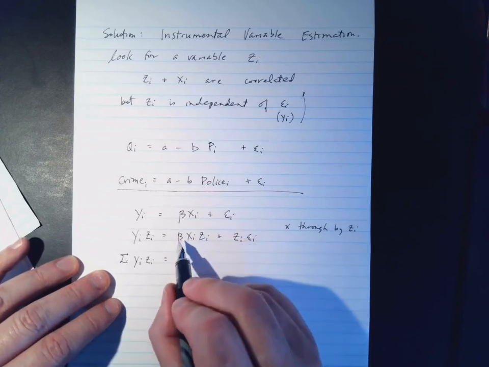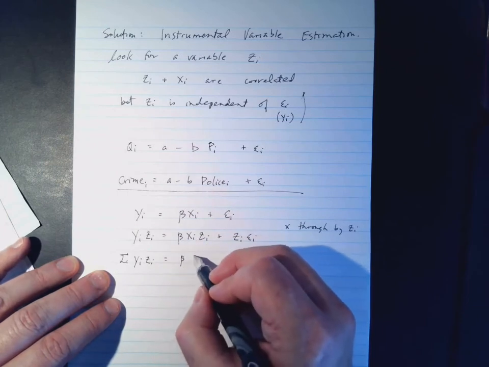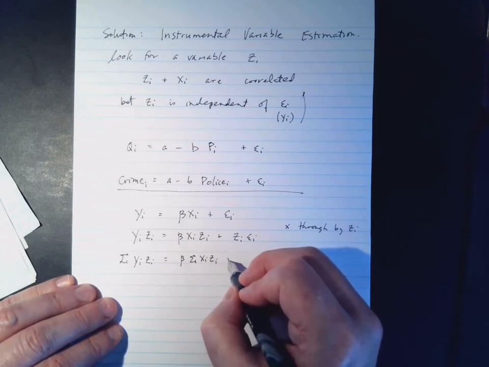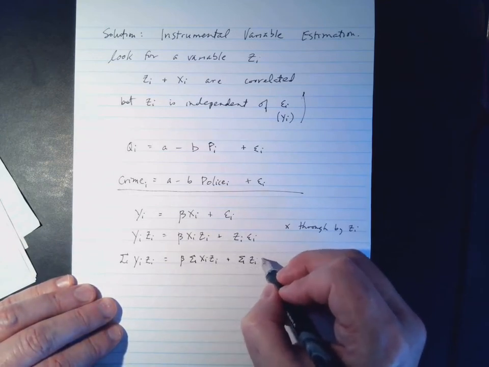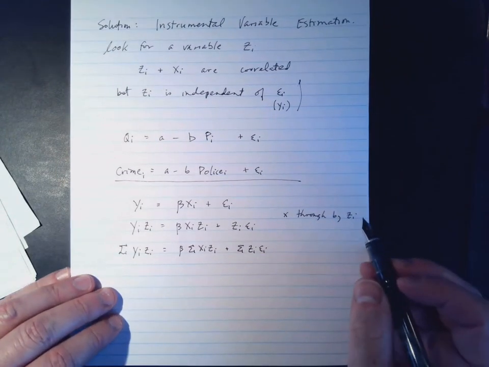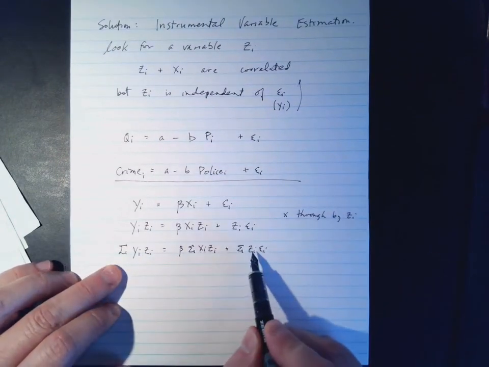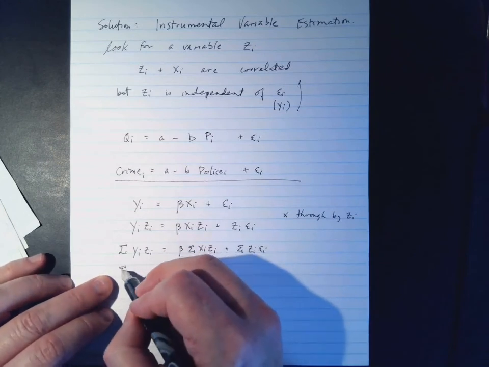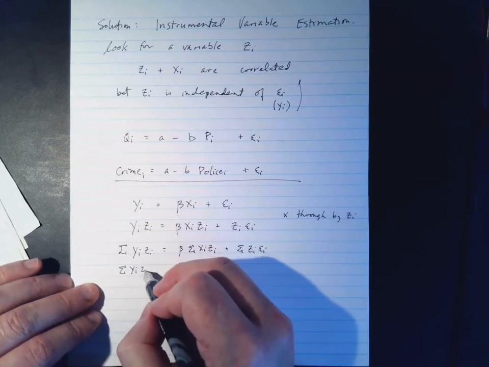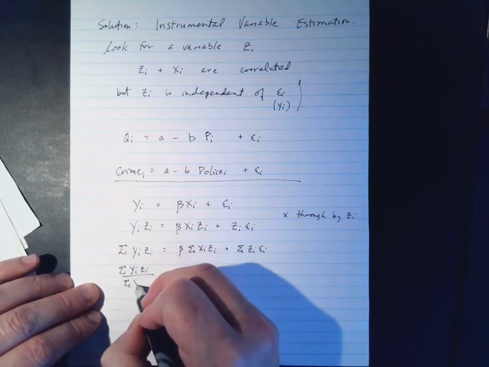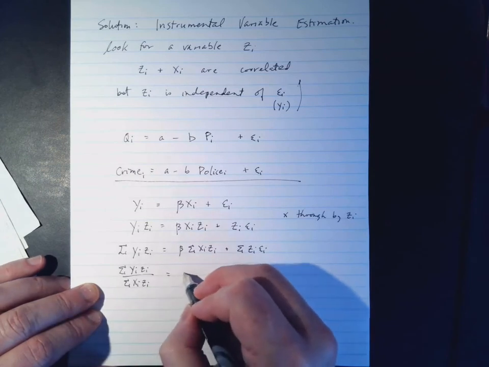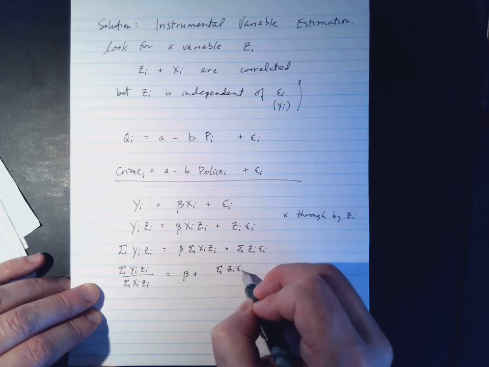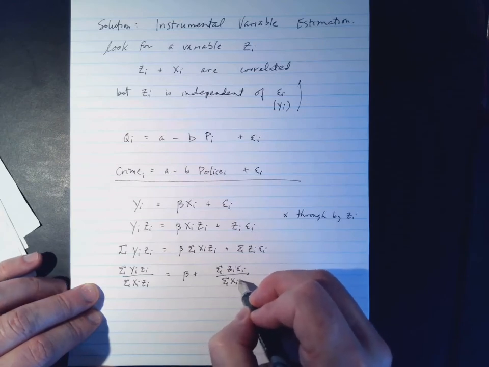And I can bring beta outside the summation. And now I'm going to divide both sides of this equation by the sum of x times z. So I'll have the sum of y_i z_i divided by the sum of x z equals beta plus the sum of z epsilon divided by the sum of x z.